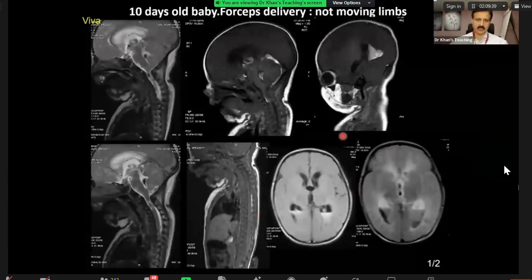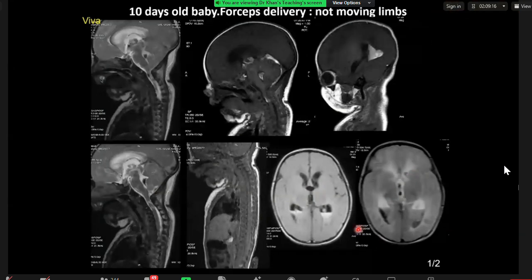Okay, this patient is a 10-day-old baby, forceps delivery, so a bit of birth trauma, and with that the patient is not moving limbs. So T2, T1, T1, T2, T1, T1, T2. Over to you.